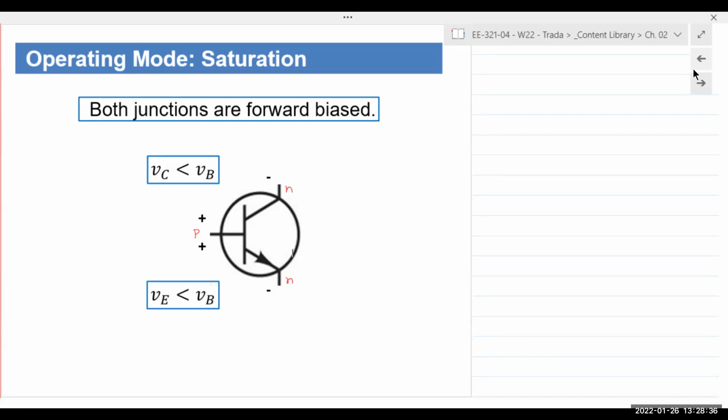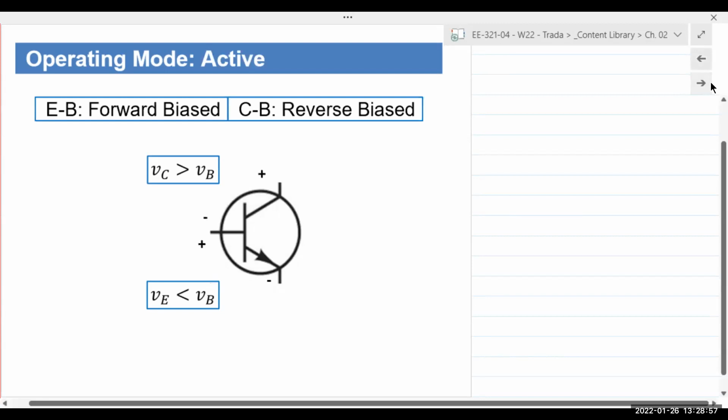It automatically reaches the highest level that the transistor can sustain, and so the transistor completely gets saturated. VCE drops to like 0.2, below 0.4 volts. So the junction is not reverse biased anymore. Well, forward biased junction.